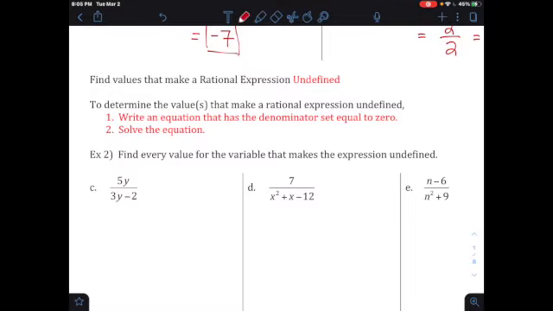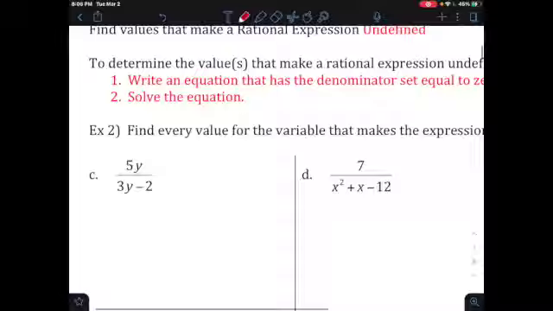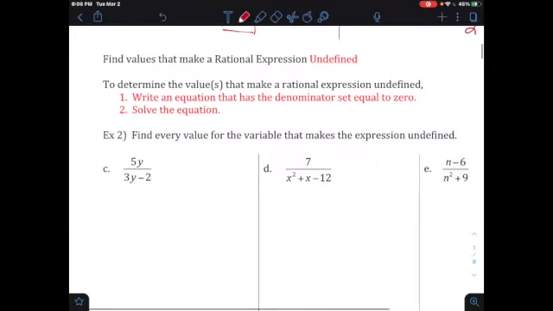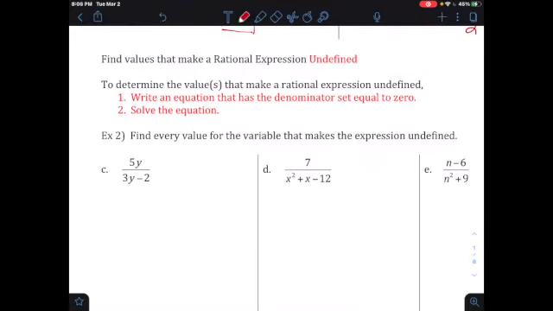Here's the procedure to determine the values that make a rational expression undefined. 1. Write an equation that sets the denominator equal to 0. 2. Solve the equation, just like the zero product property we used in the last section, 6.6. So example number 2: find every value of the variables that makes the expression undefined.